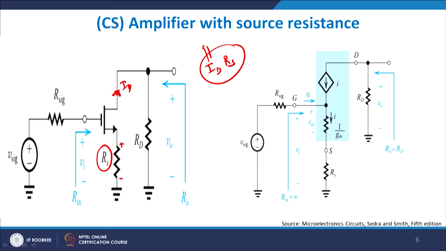So if your ID increases, ID Rs increases, and therefore this voltage increases, which means you are able to reverse bias the gate to source junction. Why? Because it is an N channel MOS device.